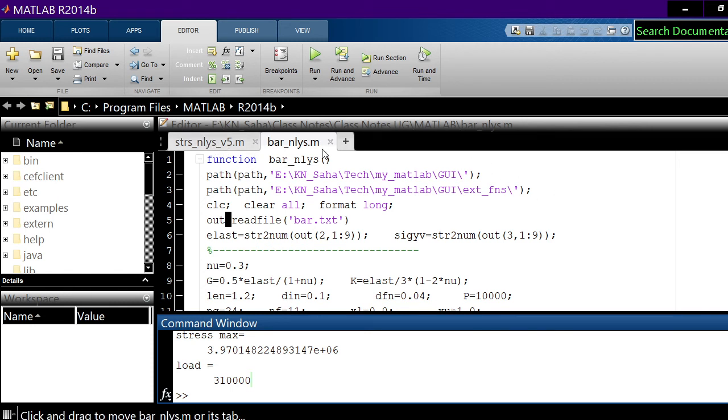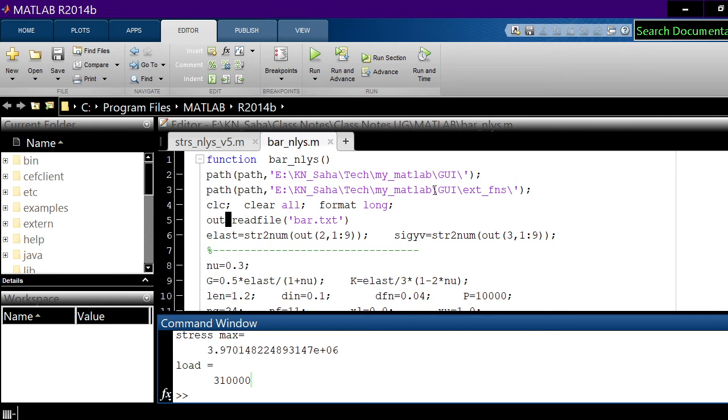Now this is the bar analysis. Here we have used some routines for numerical integration and other things. Those are available in these folders, and they are included in this path through the path command.